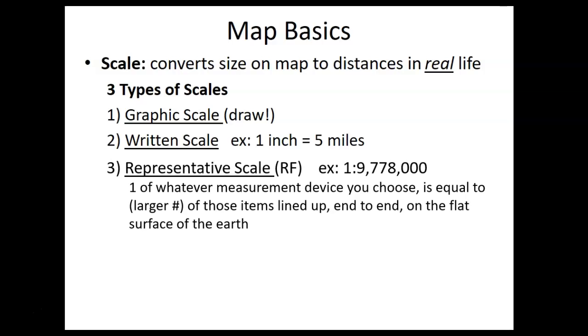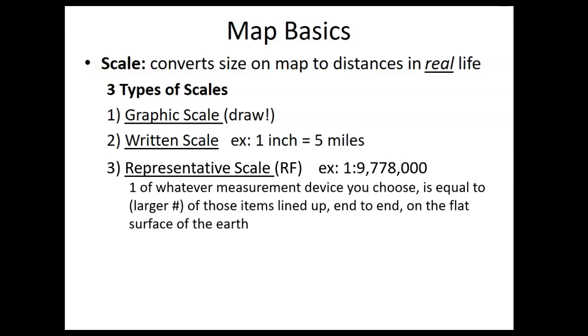If you have a small scale map, everything is really tiny because you're trying to show as much detail on the map as you can. You have zoomed out. So I want you to write, for a small scale map, you are zooming out so that you can see as much land area as possible. That's a small scale map.